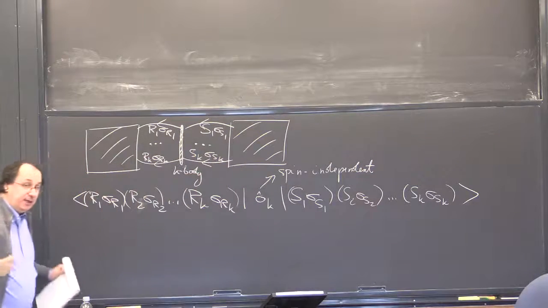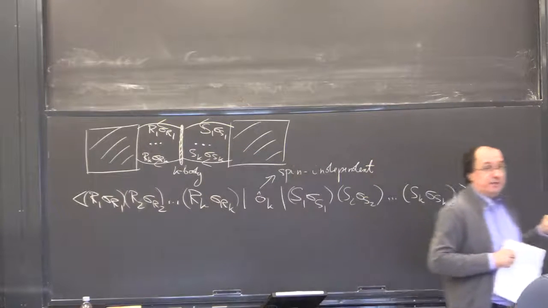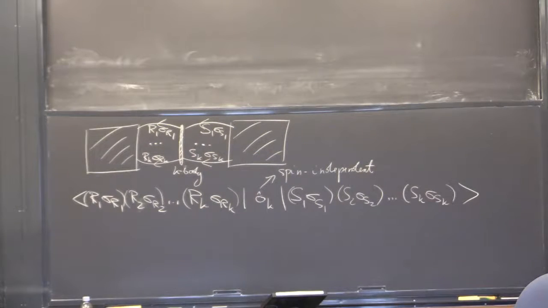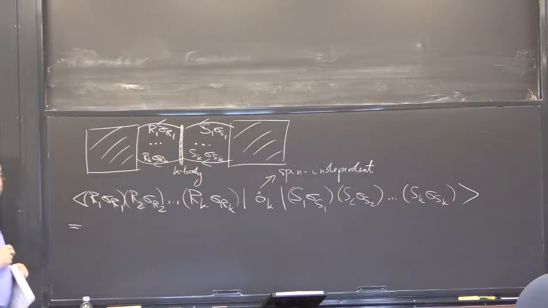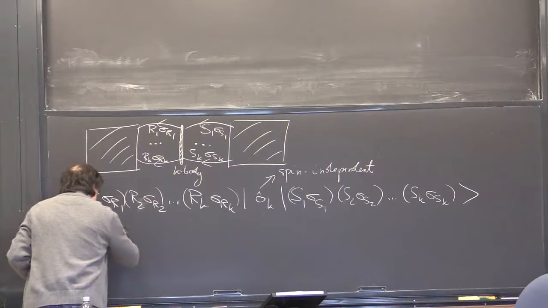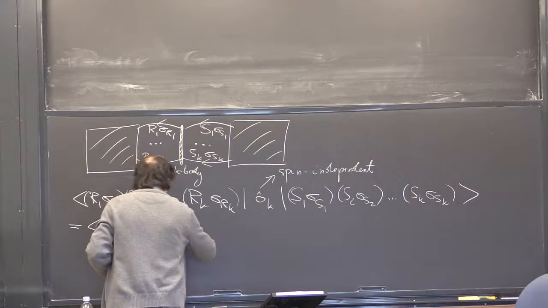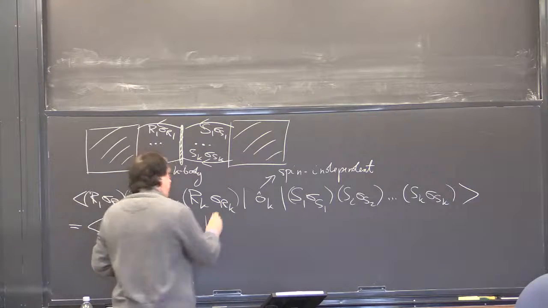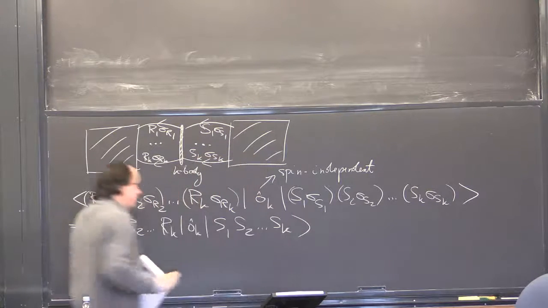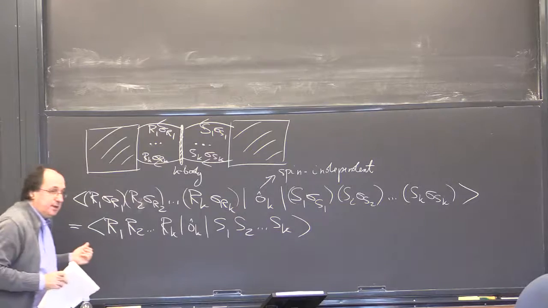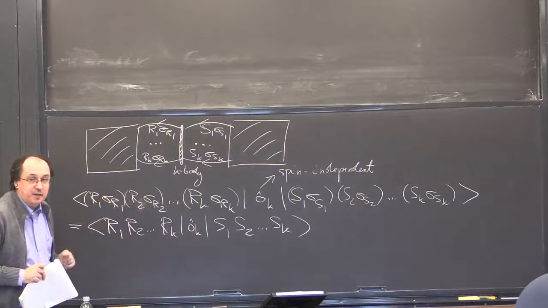If it's spin independent, it acts only on the capital symbols, which represent orbitals, but it doesn't act on the spins. So I can factorize this expression and write it as a product. There will be an orbital part, which is R1, R2, Rk, little ok, and then S1, S2, and Sk, times a bunch of Kronecker deltas associated with various products of spin functions.